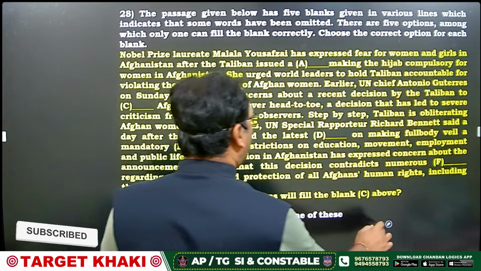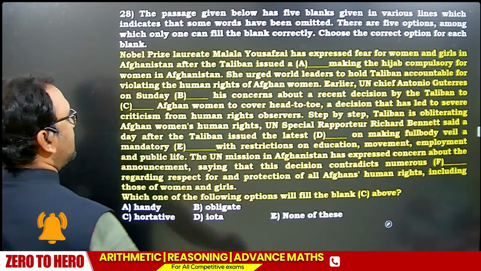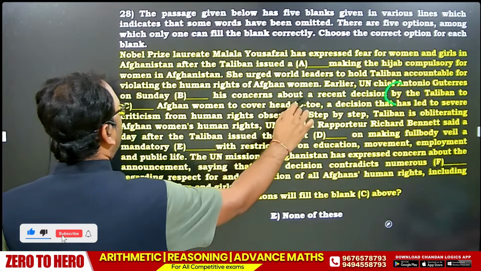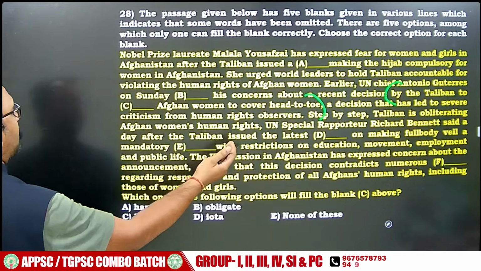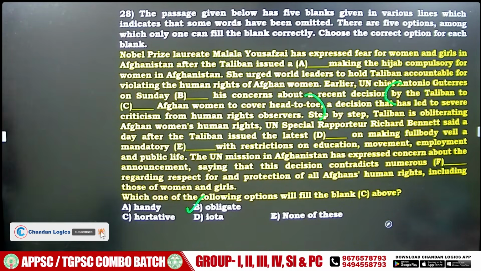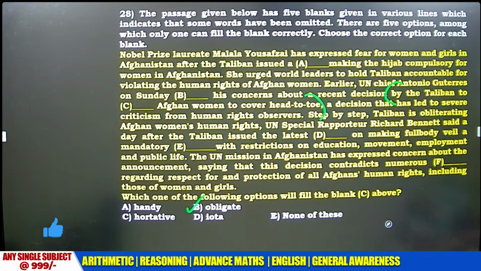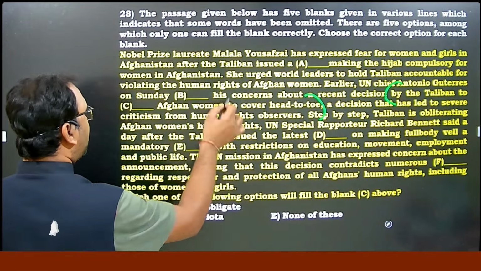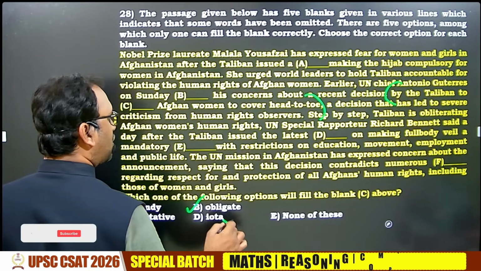So some rules are being instructed by the Taliban to dash women to cover their complete body. It is a rule. It is an order, obligation, obligate. Taliban has given order, obligation. Obligation is duty, rules. Okay. So Taliban has ordered the women to obligate to cover their complete body with burqa.